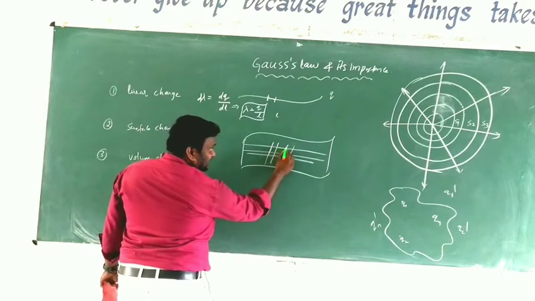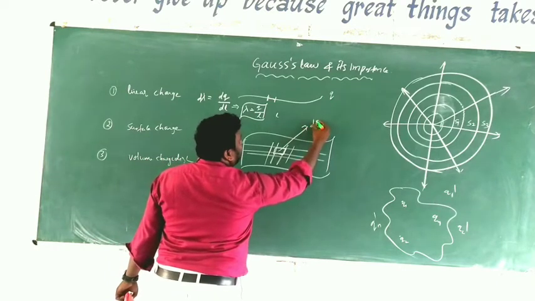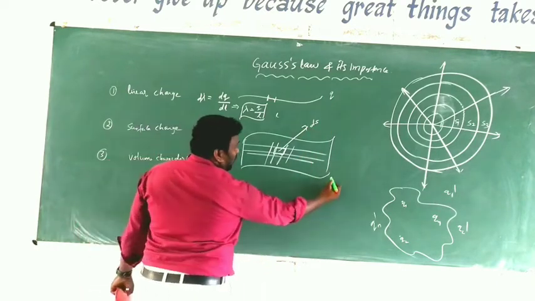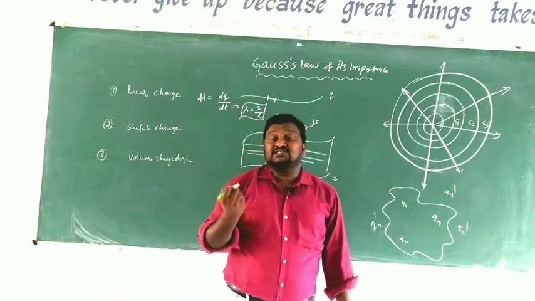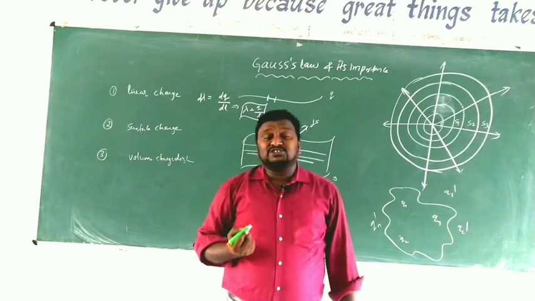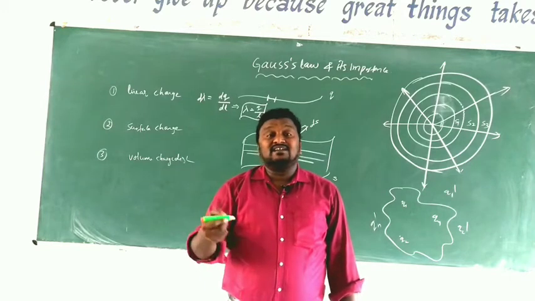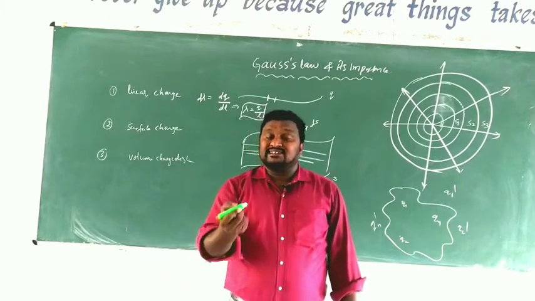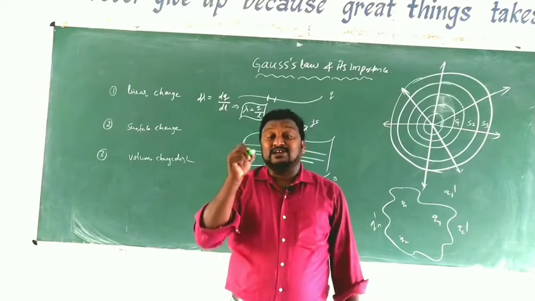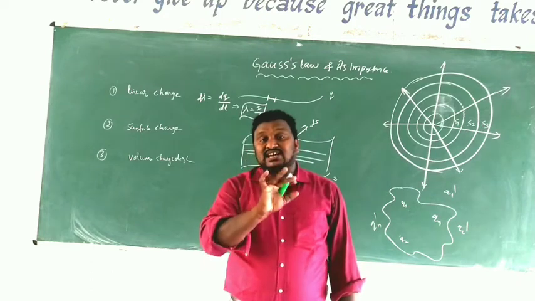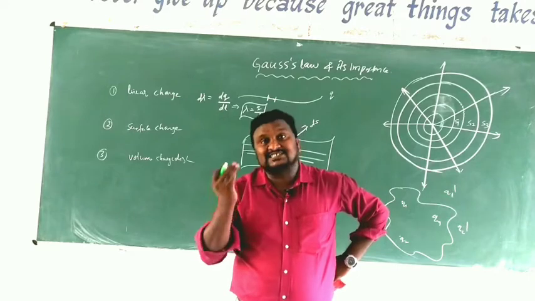Now I am taking this as ds, a small surface area, and the total is S. Surface charge distribution is nothing but the charge distributed along the surface. Surface charge density means the charge available in a particular surface area.